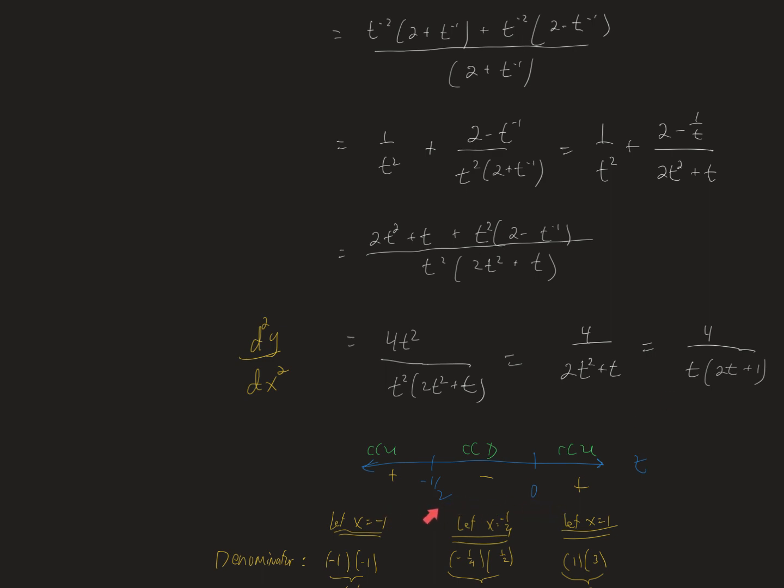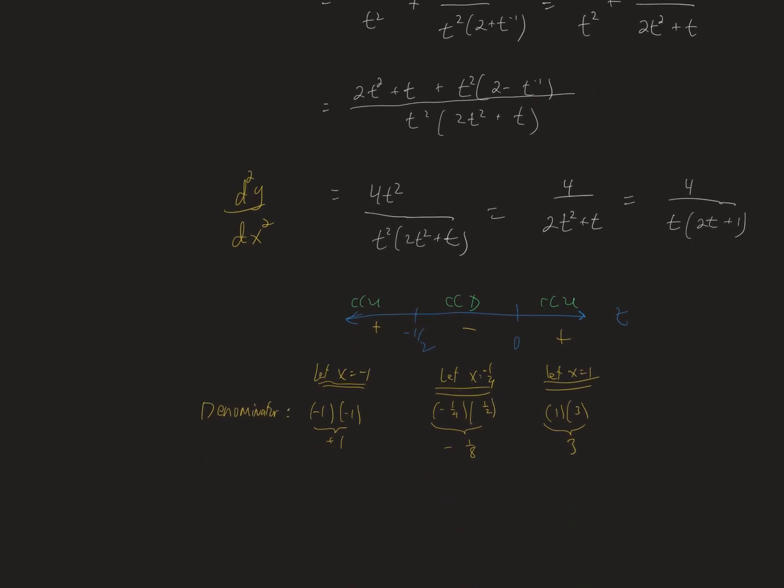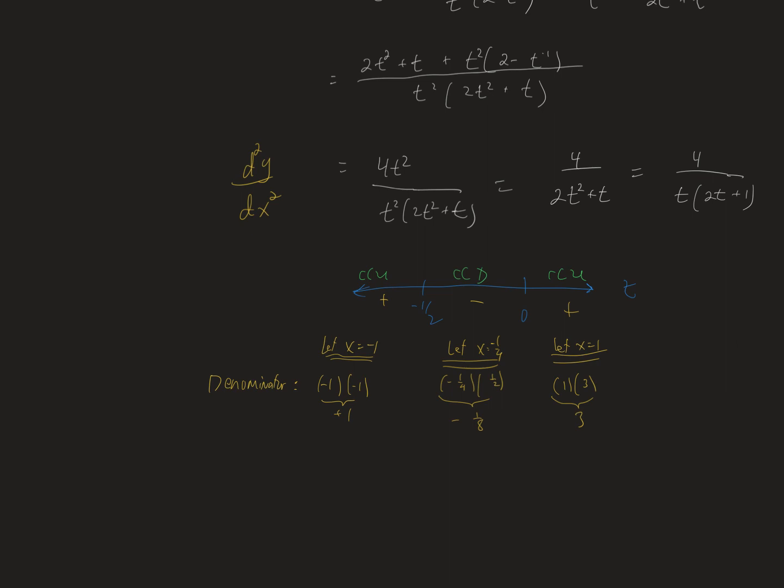Exactly the same results, except remember the plane curve doesn't exist unless t is bigger than 0. So the answer again is only when t is bigger than 0, and that's when the second derivative is positive, so it's concave up for those values of t.